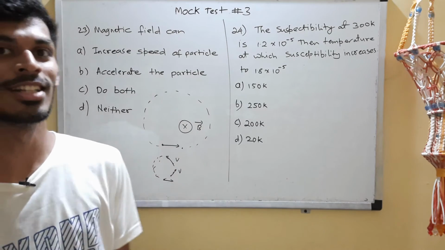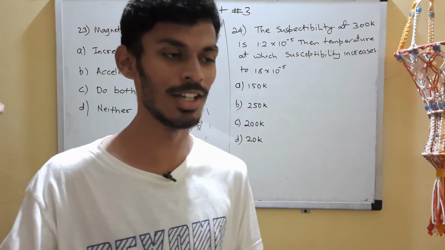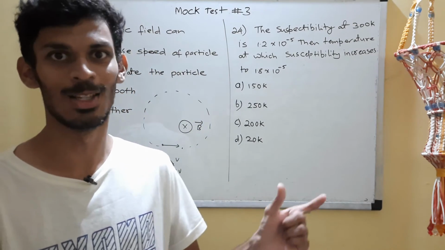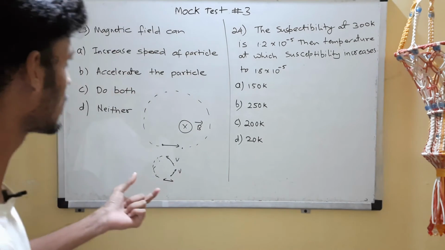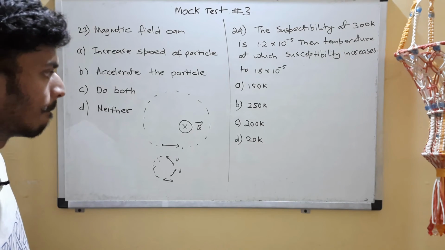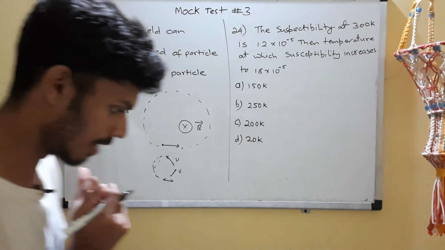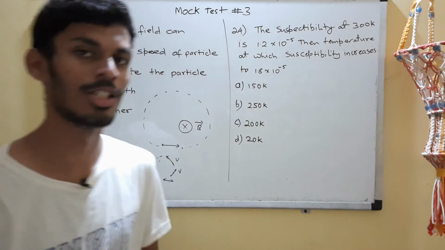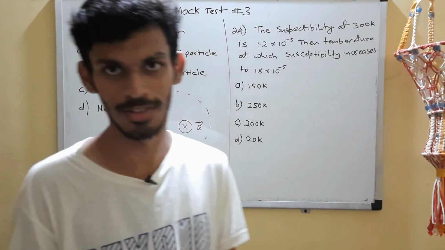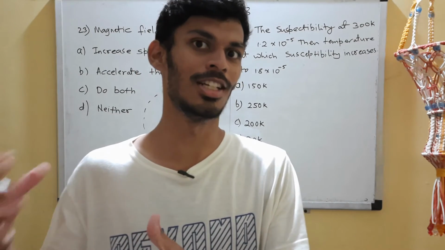What is acceleration? Acceleration is change in velocity, and velocity is a vector. Even if only the direction of velocity changes, velocity changes, so there is acceleration. So yes, a magnetic field can accelerate the particle in uniform circular motion. The only difference is that this acceleration changes only the direction of the velocity, not the magnitude of the velocity, which is the speed.